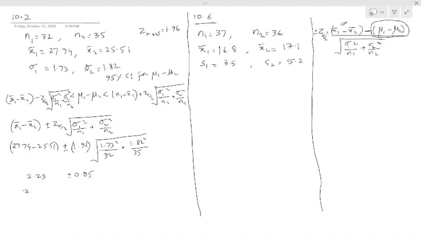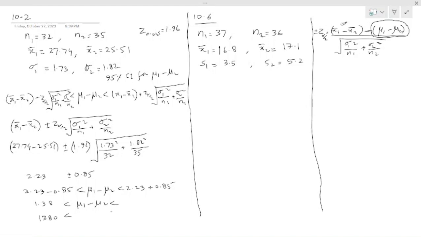Now we can split this confidence interval and write down the lower bound and then the upper bound. 2.23 take away 0.85 gives you 1.38, which we write as $1,380, because the data are in thousands of dollars, as already mentioned in the question.